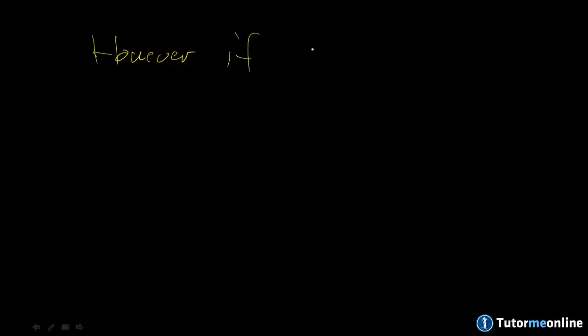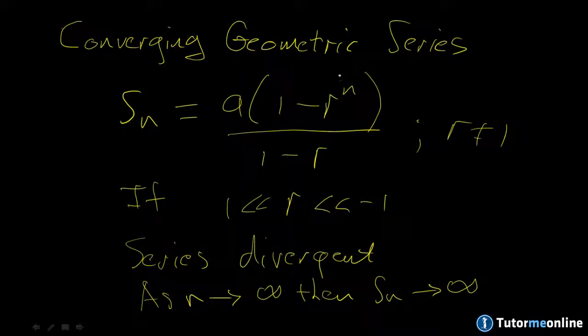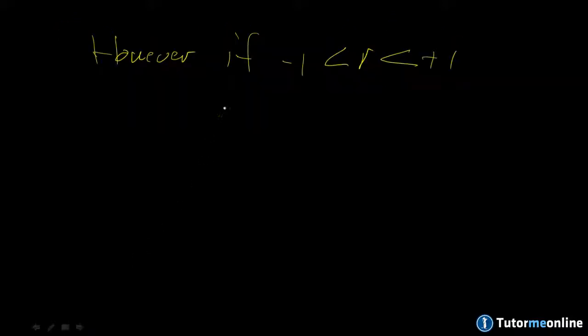However, if R is larger than minus 1, or R is less than plus 1, then if I look again at this equation, R to the power n will become smaller as n tends to infinity, and this term will be much smaller than 1, and we can approximate this geometric series as follows.